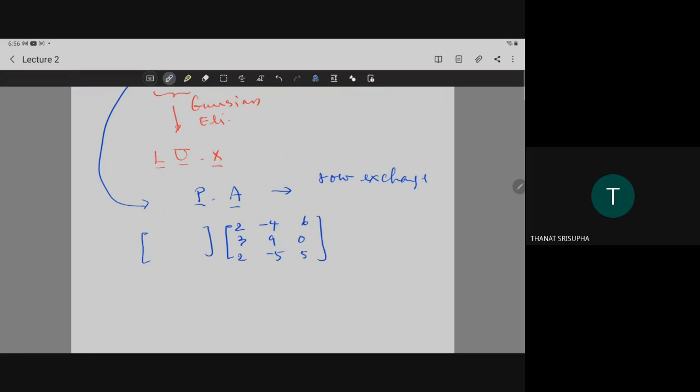If you multiply with a permutation matrix, say 1, 0, 0, 0, 0, 1, and 0, 1, 0, what you get here is you are switching between row 2 and row 3. You get 2, minus 4, 6, 2, minus 5, 5, and then 3, 9, 0. So sometimes when you do Gaussian elimination, we need to do such switching as well.